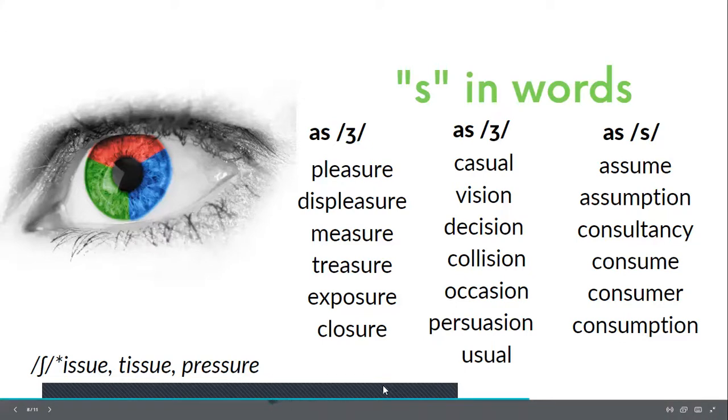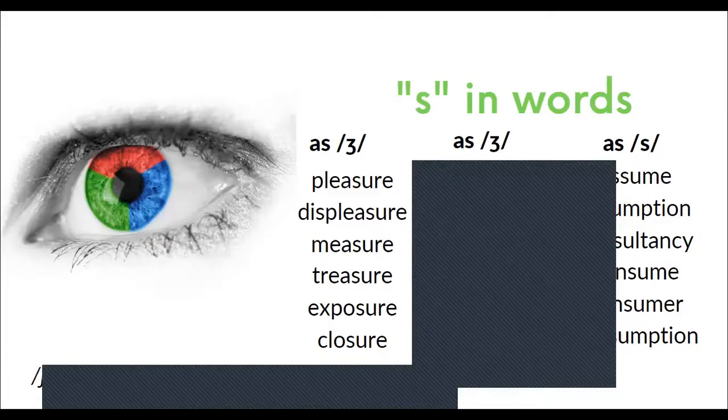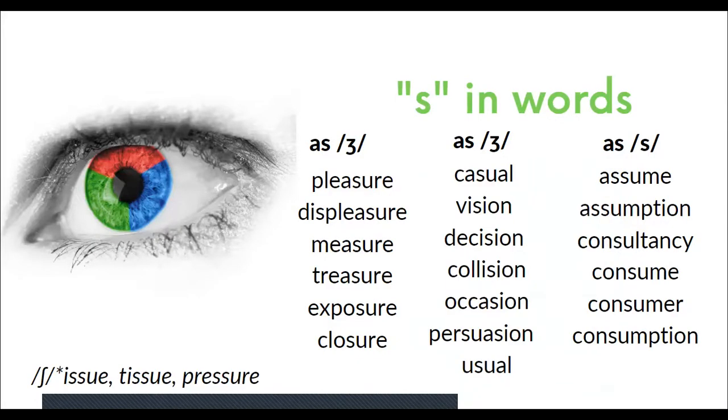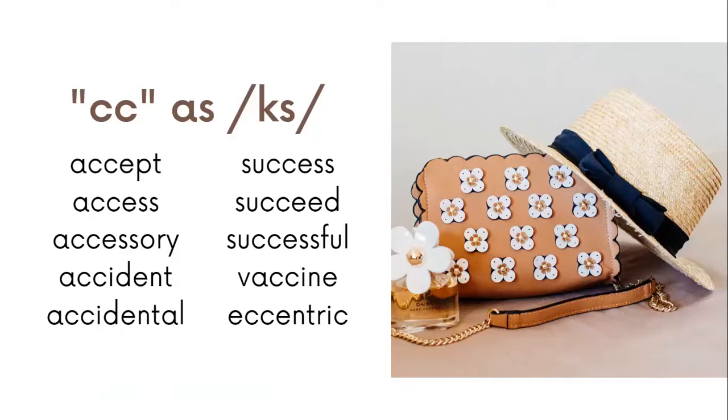Then, going on to the next part, we have CC in words. Now, one thing you should take note of is that sometimes you have two C's in words and the sound will just be k, and that's what you have in occupy, accommodate.